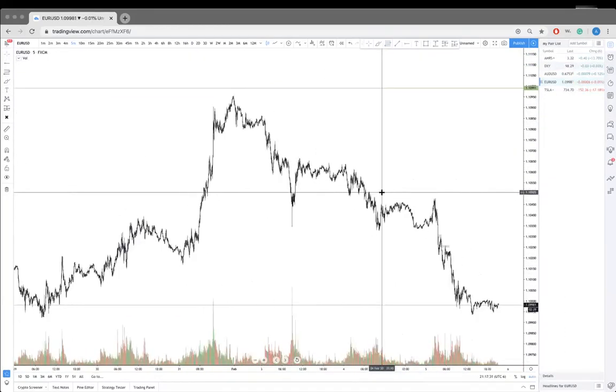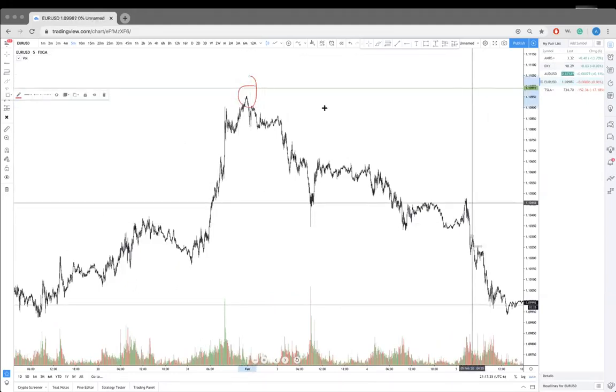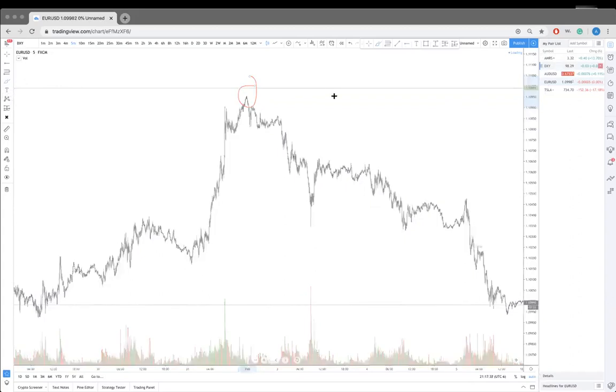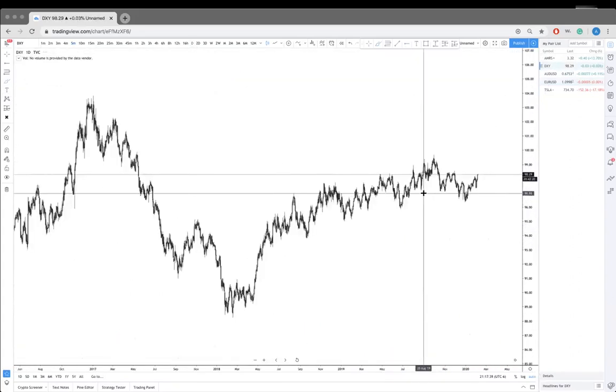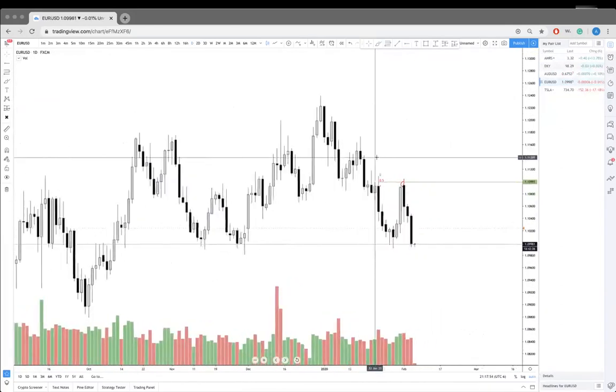And obviously we didn't get that. And why didn't we get that? Because DXY, the real setup was playing this open. So I should have seen that. That's straight up on me.